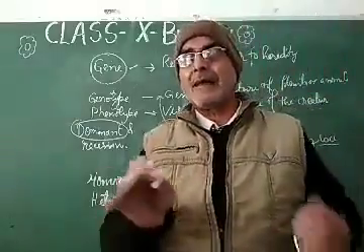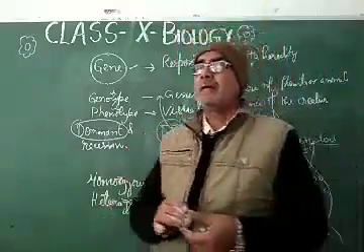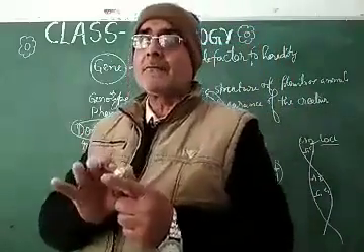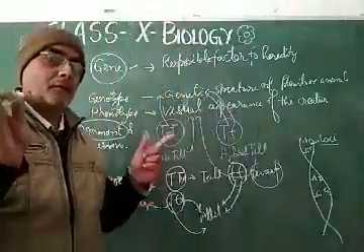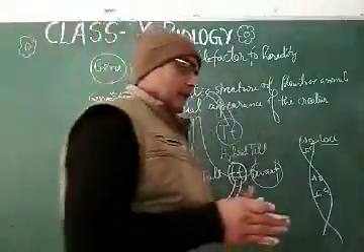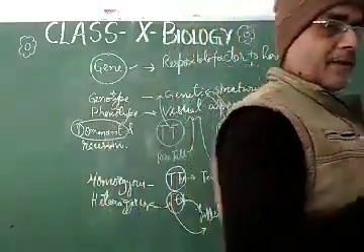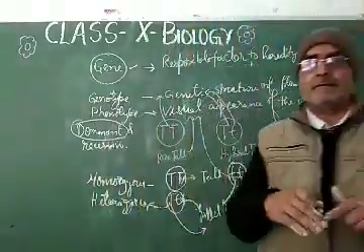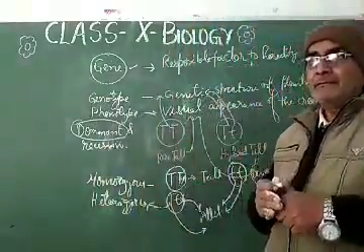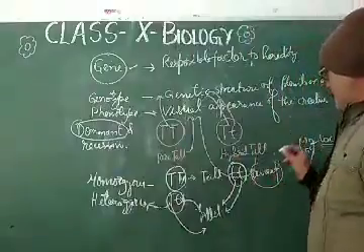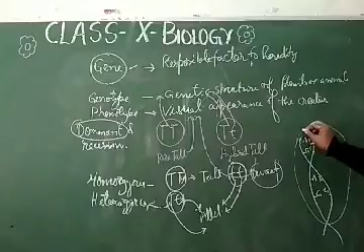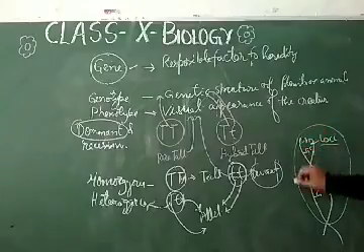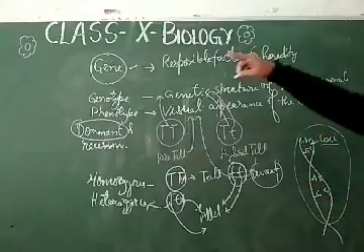Dear students, as I have told you, the transferring of character from parents to the offspring is called heredity. But the zygote itself acquires a character, inheriting a character by the help of this genetic structure inside it, because the design is present here in the DNA in the form of genes.